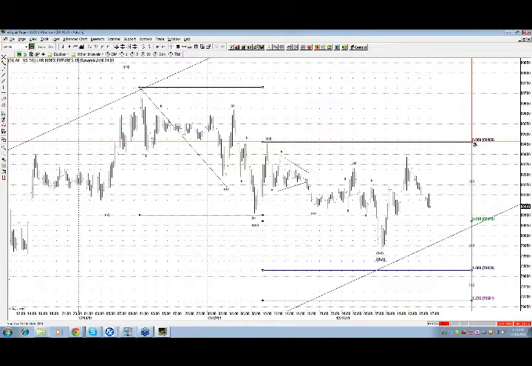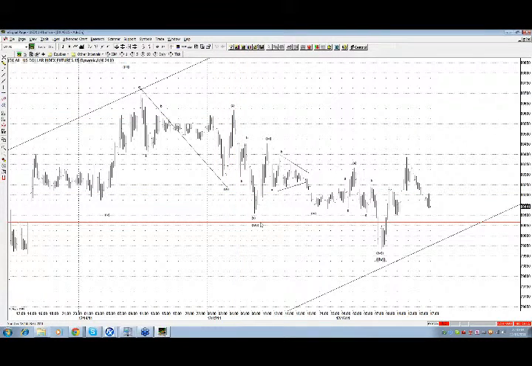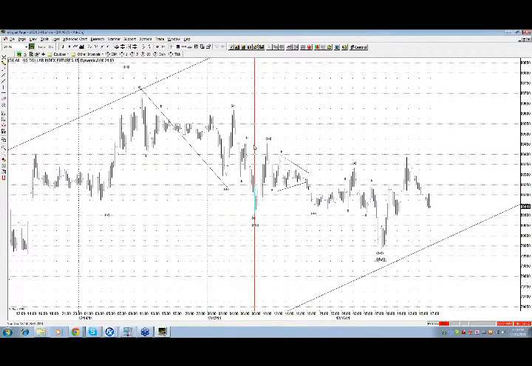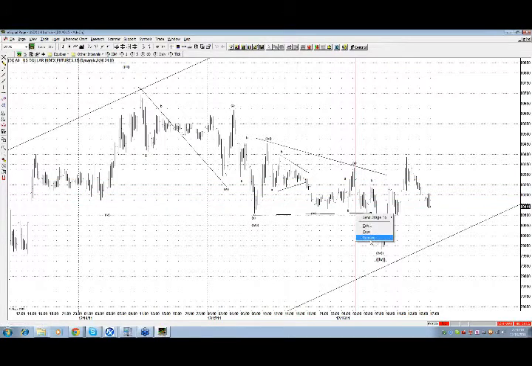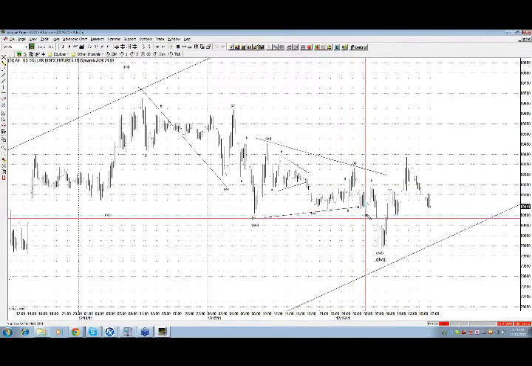The low in the case of the euro is equal X. Right here is no. Another scenario is W and then A, B, C, D, E with a B-way triangle right here, and that ended right here when you have W and then A, B, C, D, E, and then 3 ways back.